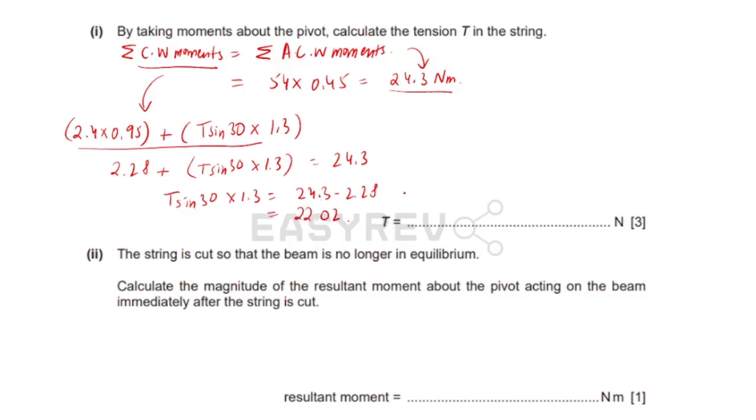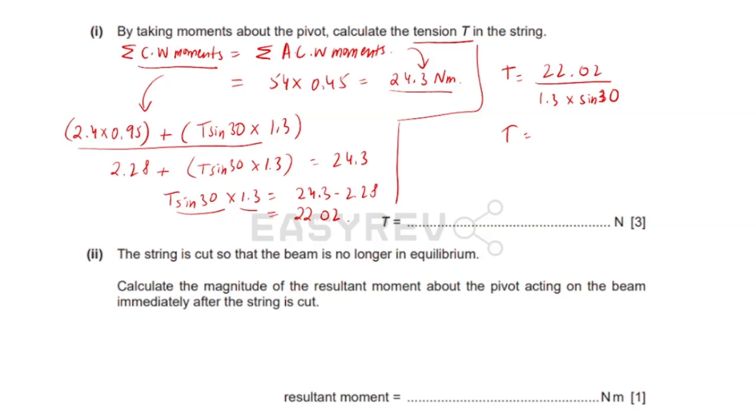And here we will get 22.02. To make T the subject of the formula, which is precisely what we need to find, I can divide both sides by 1.3 times sine 30. So I'd get 22.02 divided by 1.3 times sine 30. So now it's just a matter of plugging everything into your calculator, and what should you get? Let's check.